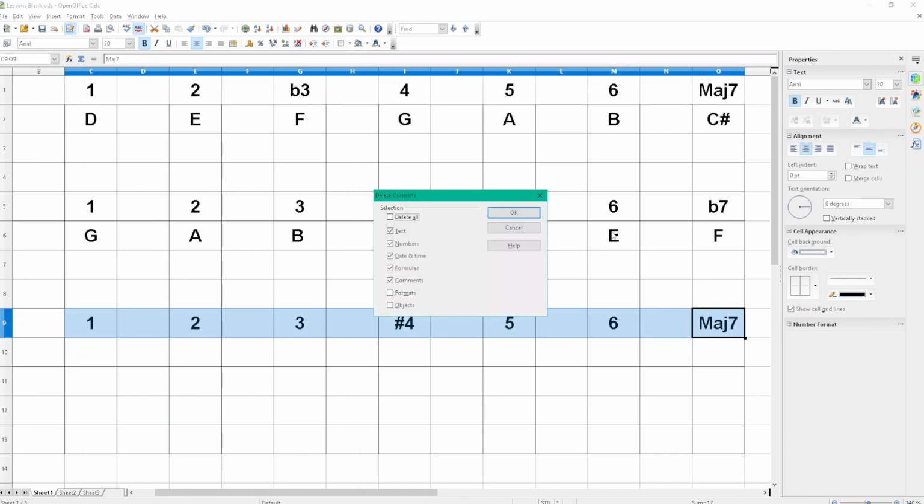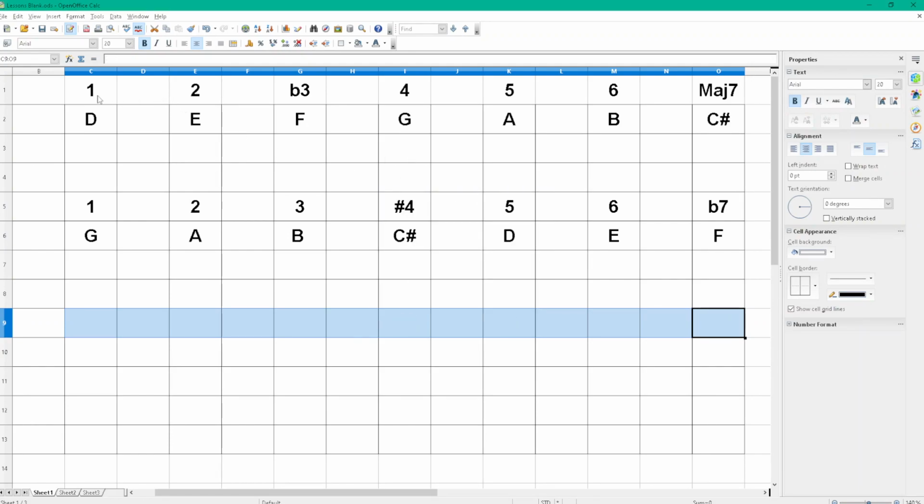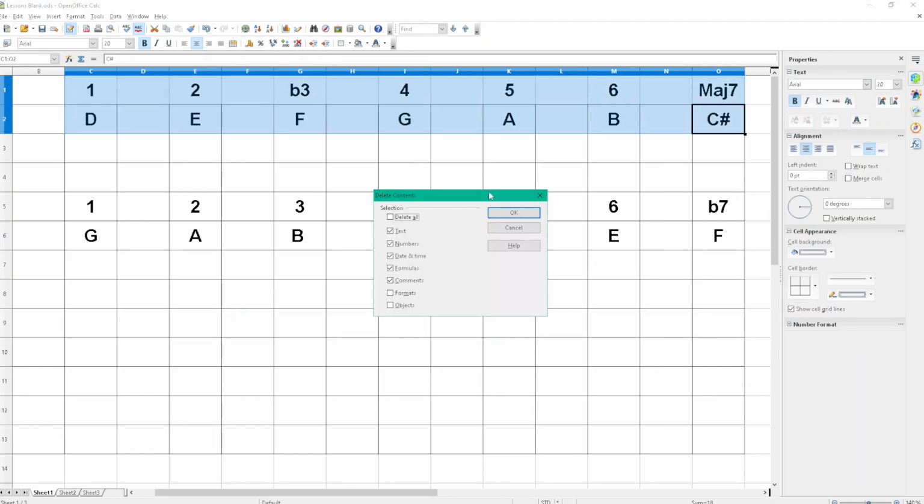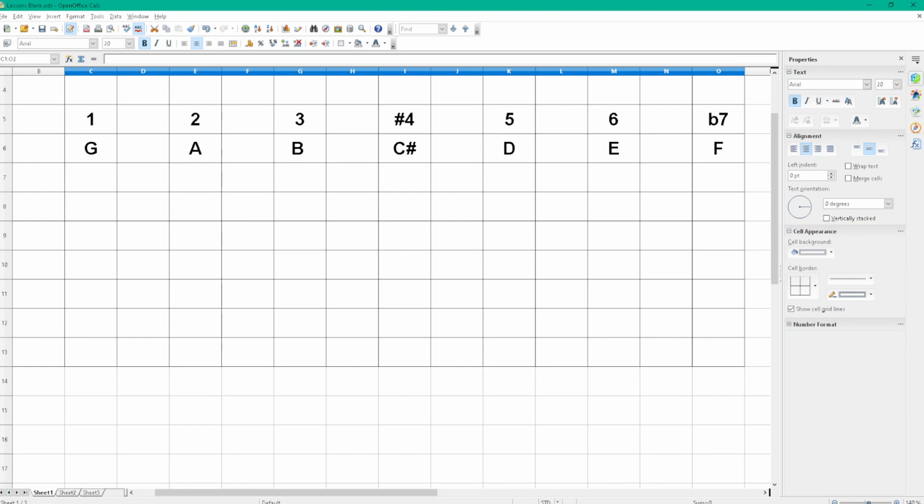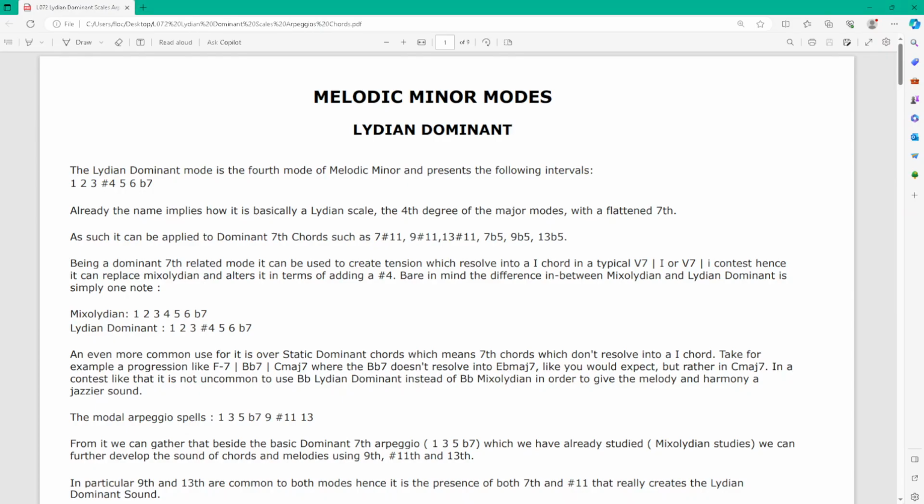It's contained anyway in the PDF that comes with this lesson, and I'll show it to you in a second. So, the Lydian Dominant mode is the 4th mode of the melodic minor and presents the following intervals, and I just explained to you where that's coming from.